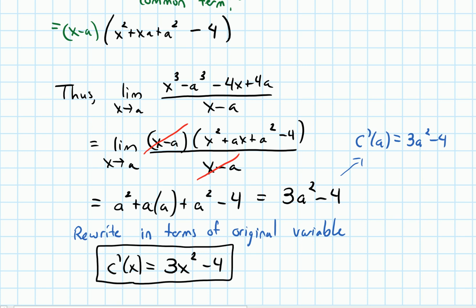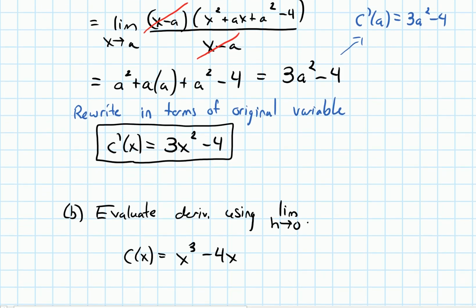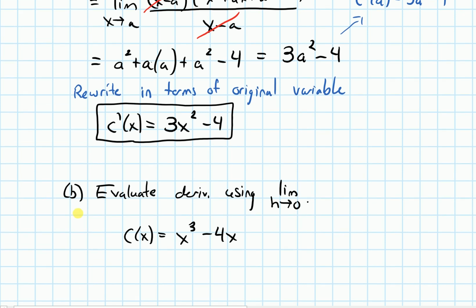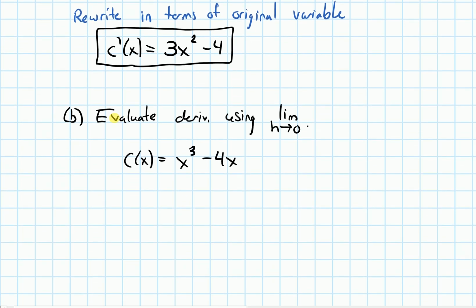All right. So in this video, I want to show you what this would look like if we had used the other definition of the derivative instead. So we can compare and understand what are the differences between the two methods. So now let's evaluate this using the limit as h approaches 0 definition.